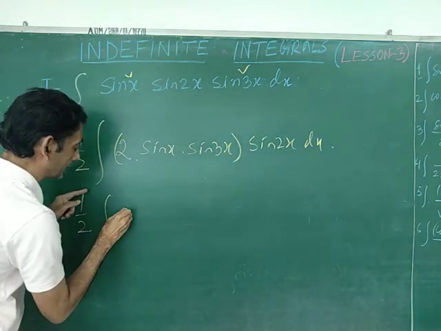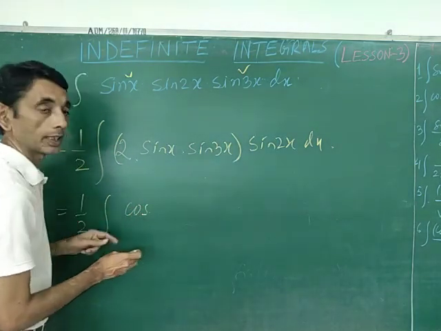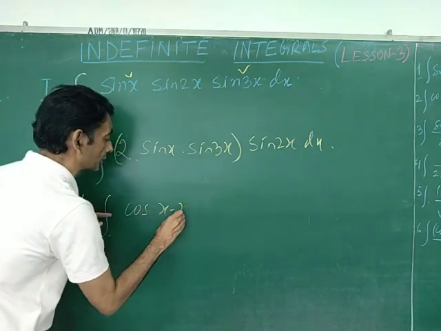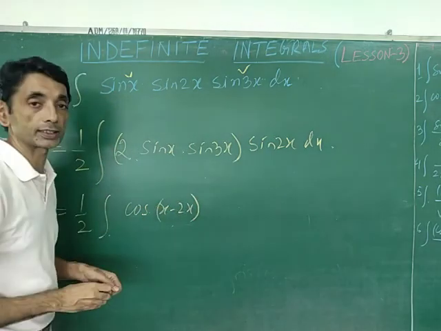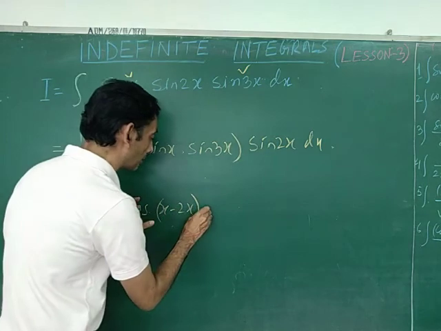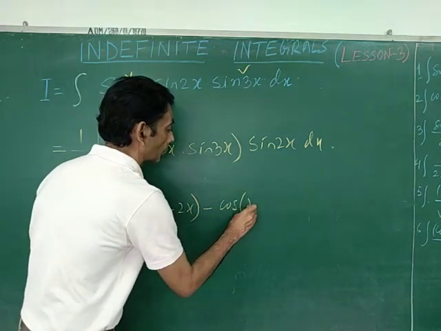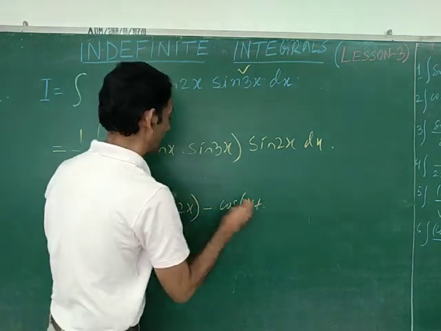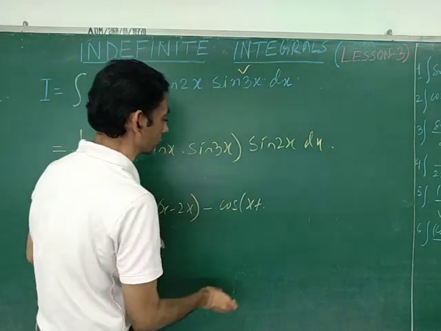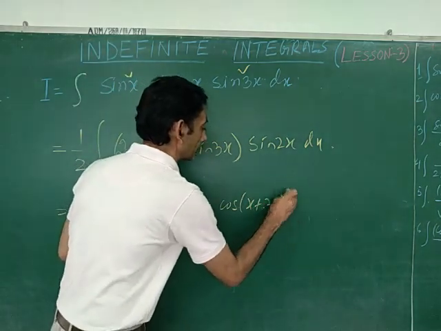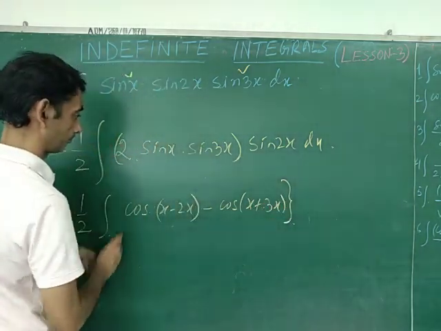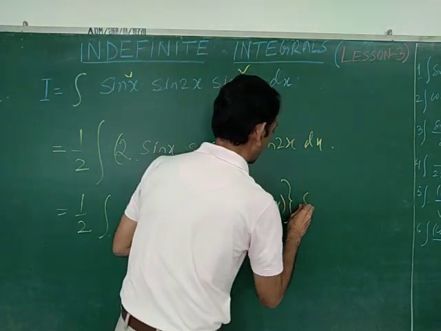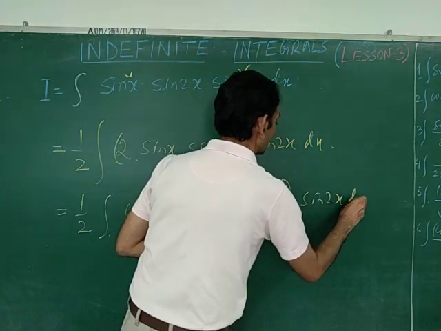So 2 sin a sin b is cos(a minus b) minus cos(a plus b). That is cos(x minus 3x) minus cos(x plus 3x), times sin 2x dx.